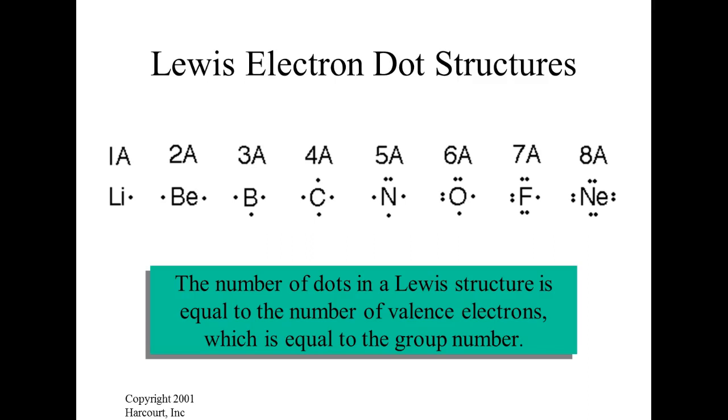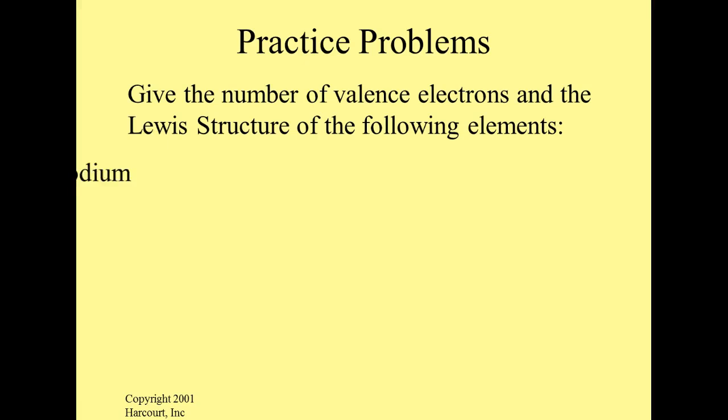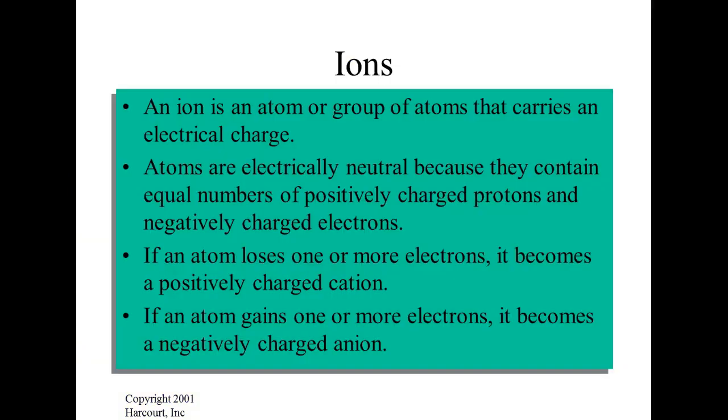And so as you see across, all the A elements follow that rule. The A's tell you that their group number is the number of electrons in their outermost shell, or energy level. Remember, shells and energy levels are different words for the same thing. So we'll do practice problems in class.